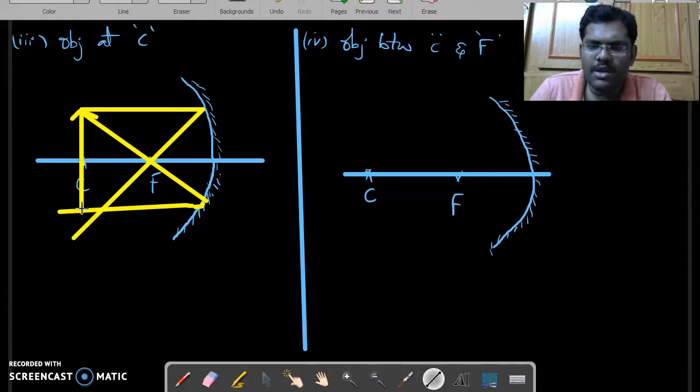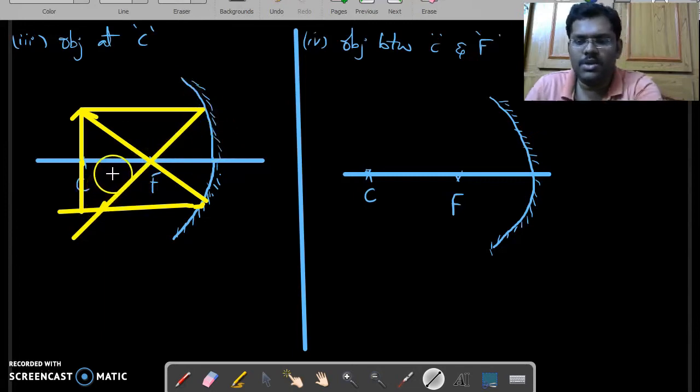If we have taken the calculations correctly for the curved path, the intersecting point will be exactly at C. Otherwise, if you draw with your hand, you won't get the exact intersecting point, just like what I have done here.